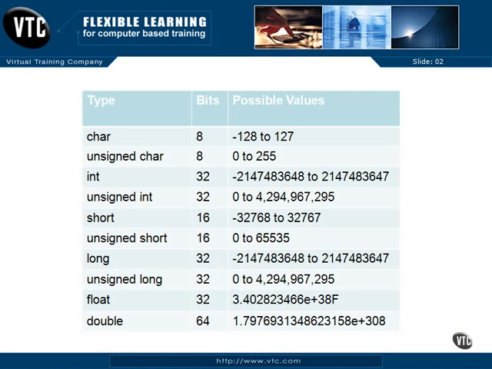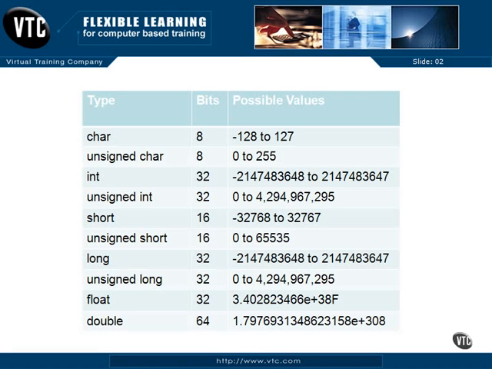An integer is 32 bits, and there you see the large negative number and large positive number. I'm not going to bother to try to read that number off to you. We only have so much time. There's an unsigned integer of 32 bits, and of course being unsigned, no negatives, 0 to 4 billion and change. There's the short for 16 bits and the unsigned short for 16 bits, and you can see their values, minimum, maximum.